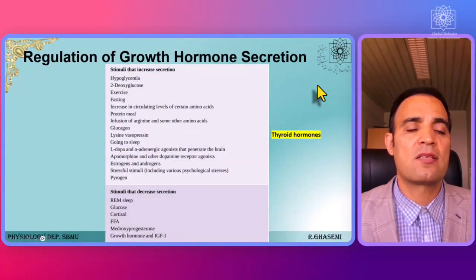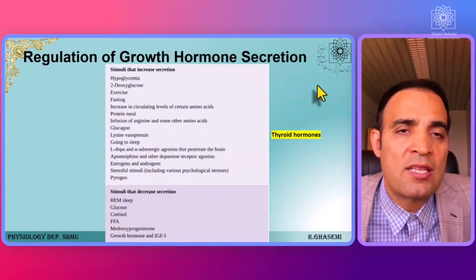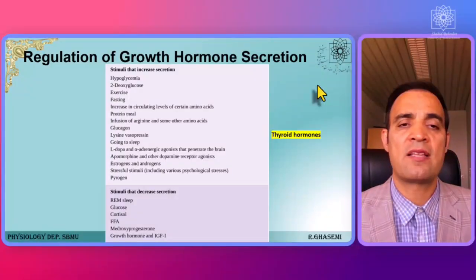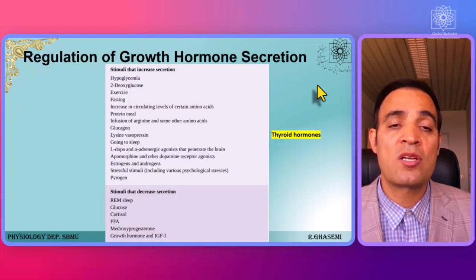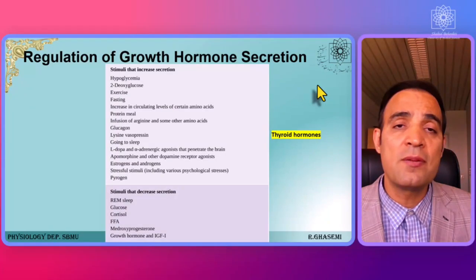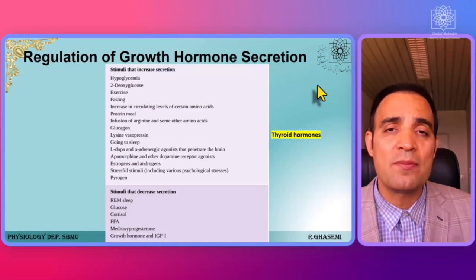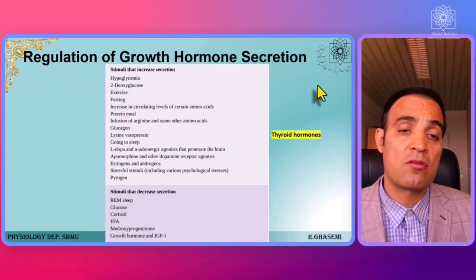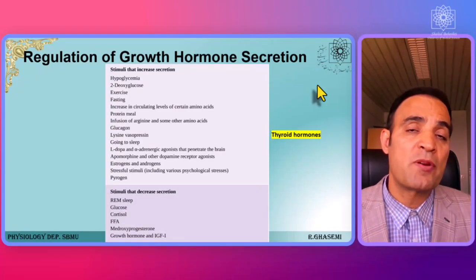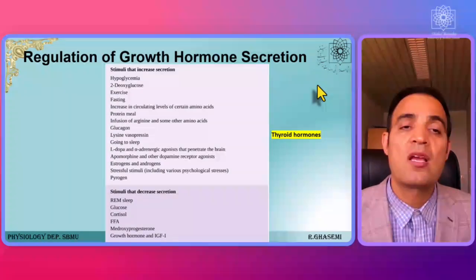And this table shows the factors that stimulate the growth hormone release and the factors that decrease it. One of the factors that stimulate growth hormone release is sleep. Going to sleep is again another factor, and sleep deprivation is against growth hormone.